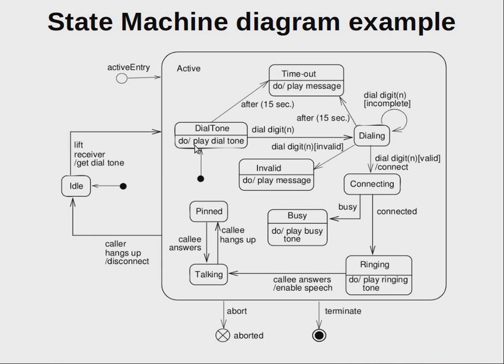For example, apply dial tone or apply message or whatever. And then it may terminate with a termination state or with an abortion state, where this is a successful end and this is a failed end. And that's in general it about state machine diagrams.